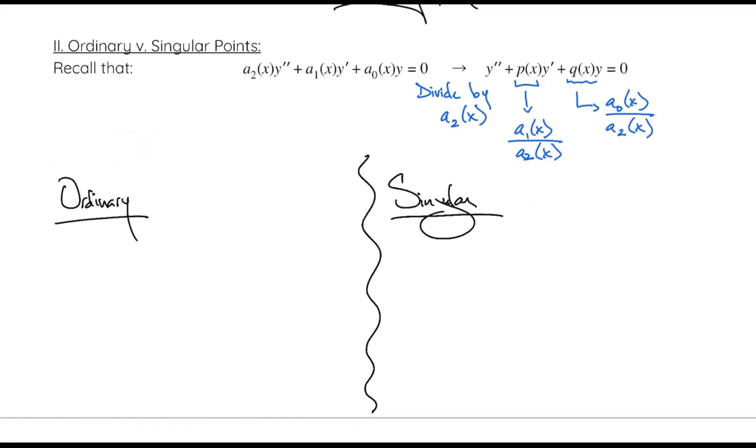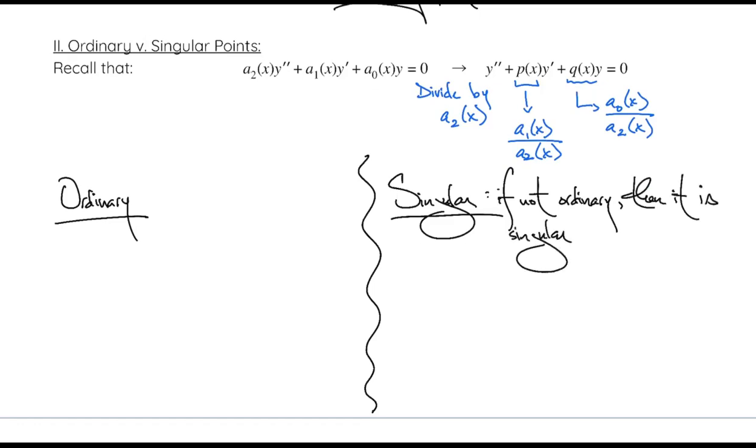And then, if you have any experience programming, it's like if this is true, then great. Otherwise, it's not going to be that, right? And so our singular is going to be like, if it's not ordinary, it's going to be singular, okay? So if not ordinary, then it is singular, okay?